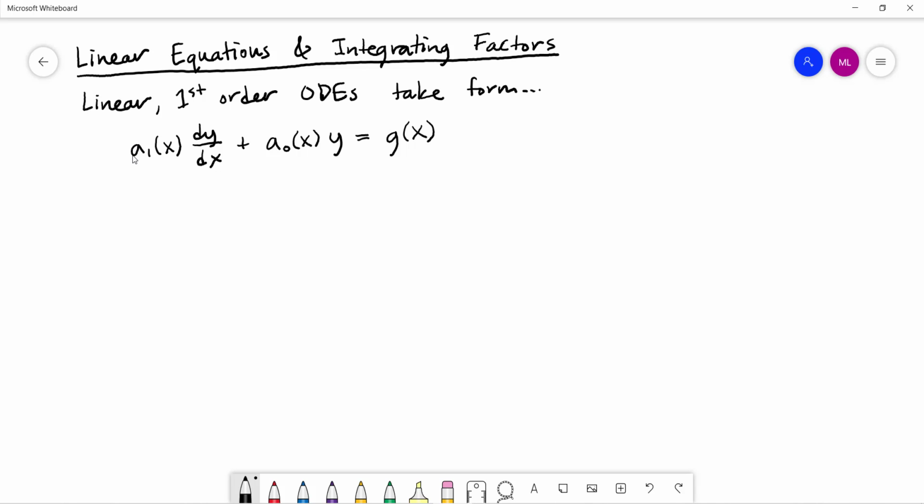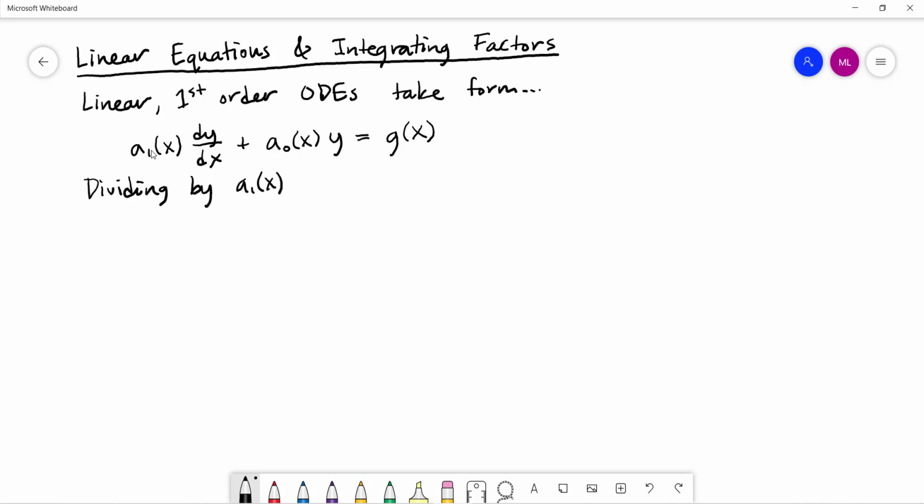If we divide the whole equation by a1 of x, we can force this leading coefficient in front of the dy/dx term to be 1. This is something that you can essentially always do. The only thing you need to watch out for is that maybe there's some value of x for which this coefficient is 0.